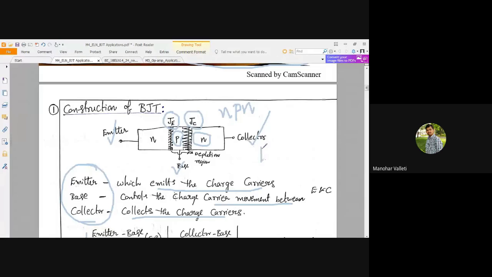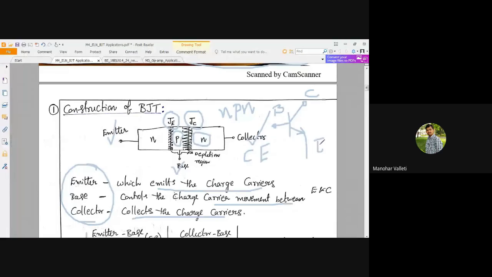is the CE configuration, common emitter configuration. Common emitter configuration means, this is the symbol of the transistor: collector, base, emitter.